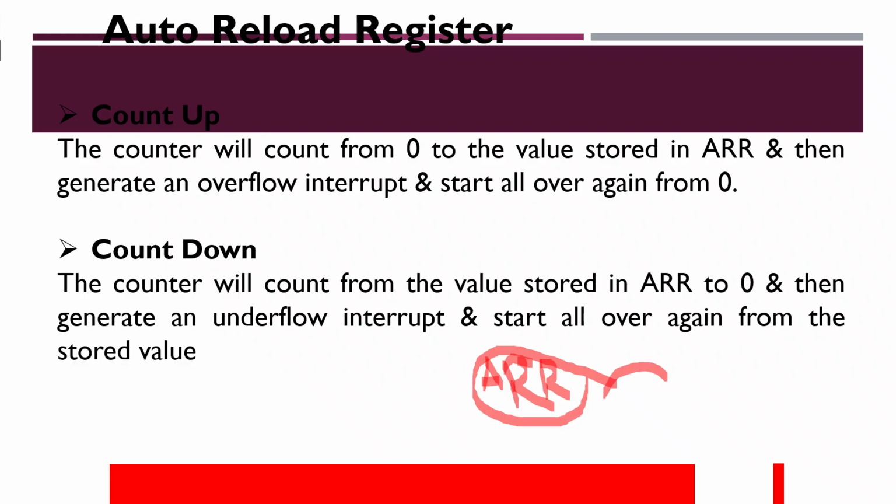From this to the 0 value, that is called as countdown. Then count up is from 0 to the value stored in the auto reload register, and the countdown is from the stored value of ARR to 0.